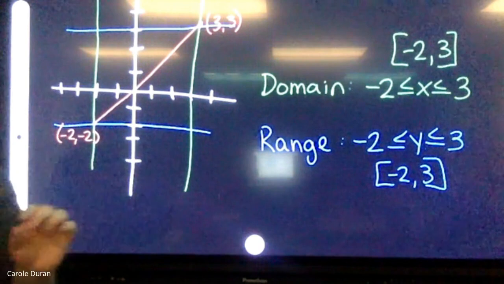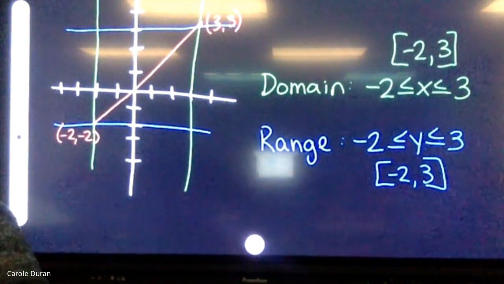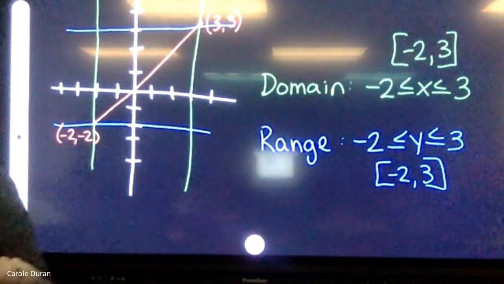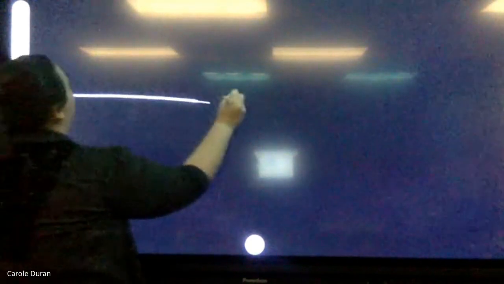So of course we're going to do another one because this is a little bit of a big thing to wrap your head around. So let's go ahead and do another one. I'm going to tell you what the endpoints are because it makes it easier for you to freehand it.